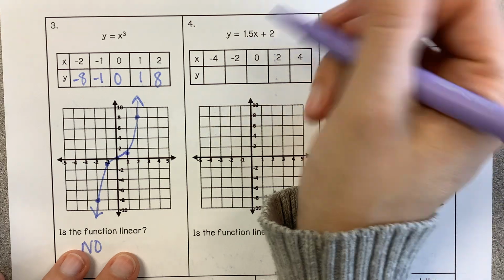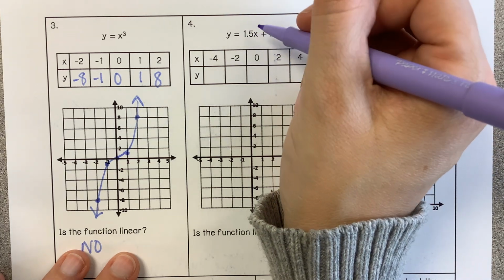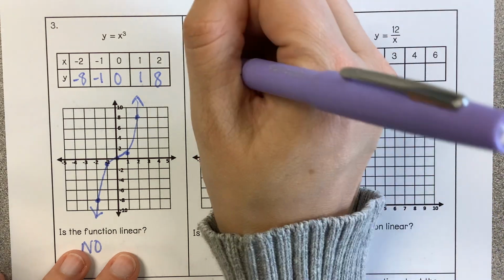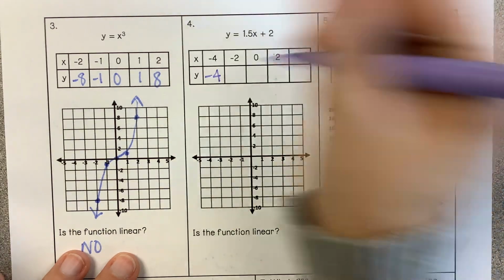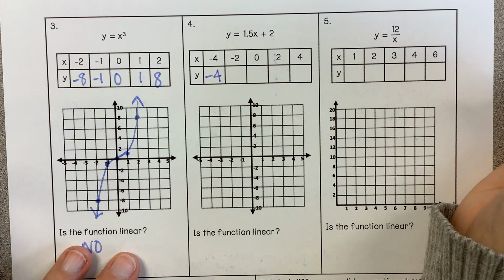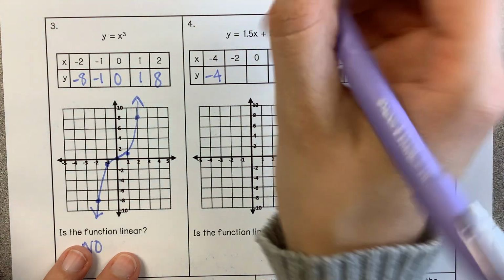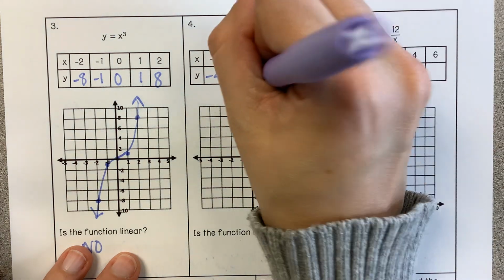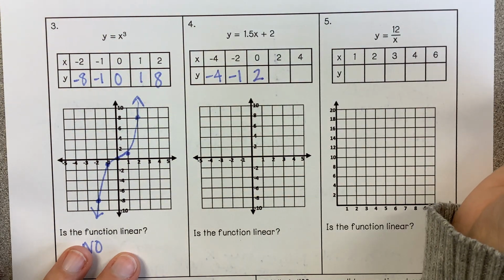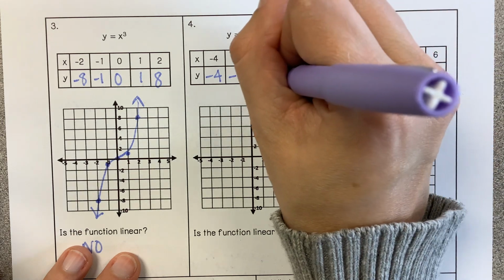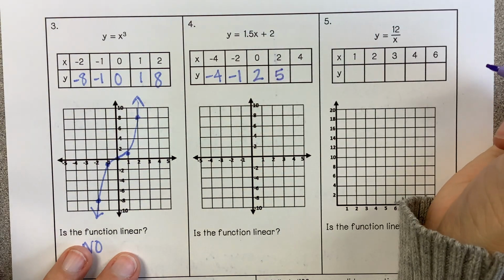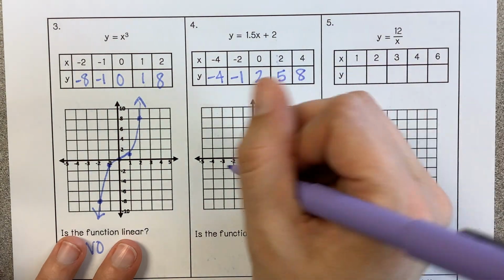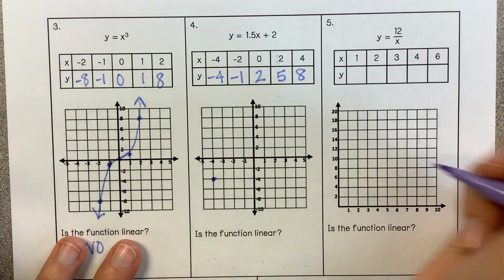Let's look at number 4. If we plug in negative 4 times 1.5 is negative 6 plus 2 is negative 4. Negative 2 times 1.5 is negative 3, plus 2 is negative 1. 0 plus 2 is 2. 1.5 times 2 is 3, plus 2 is 5. 1.5 times 4 is 6, plus 2 is 8. So let's go ahead and graph. Negative 4, negative 4.